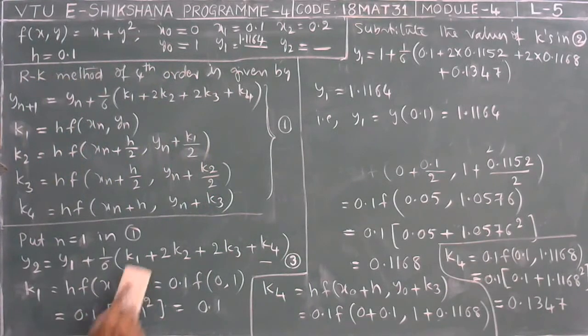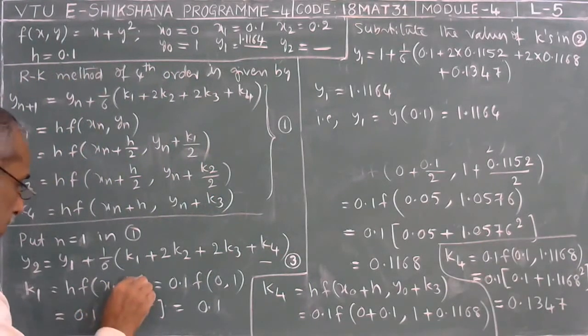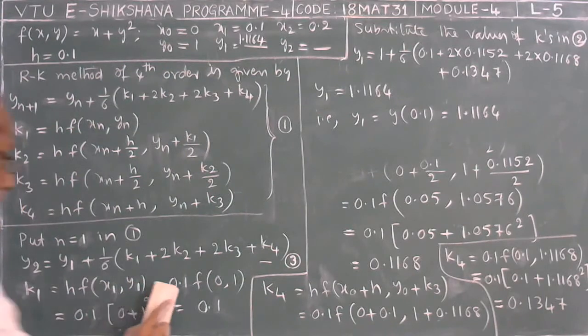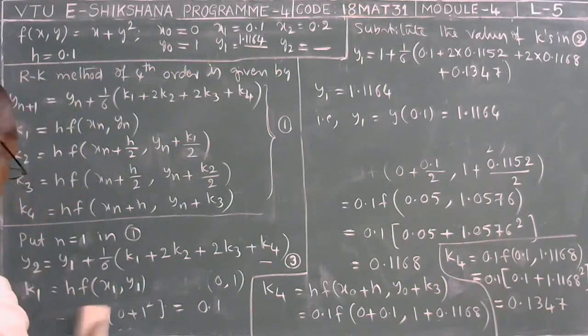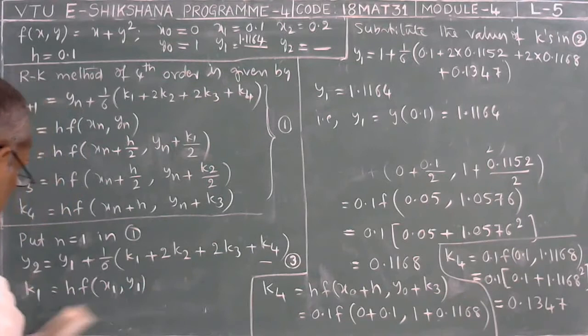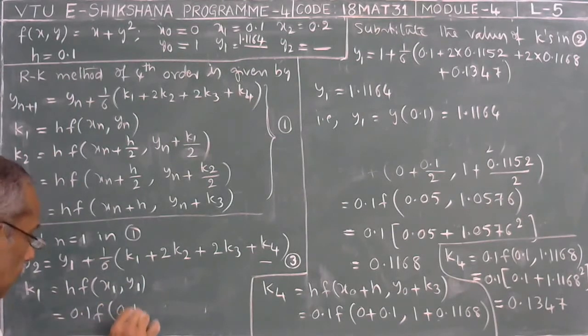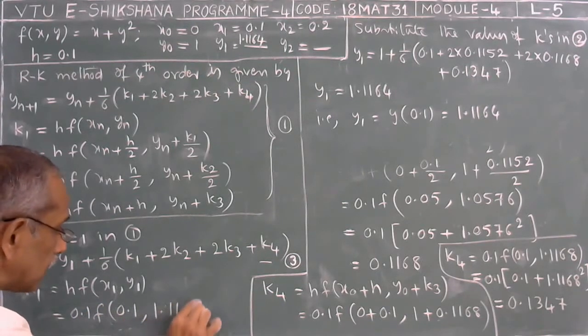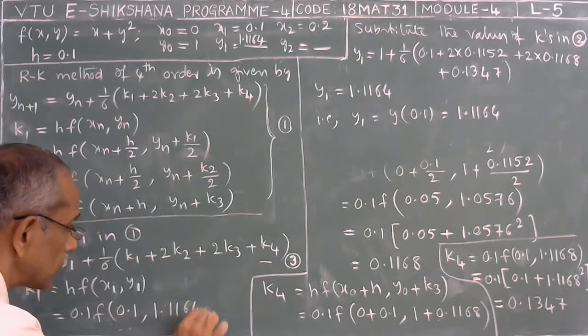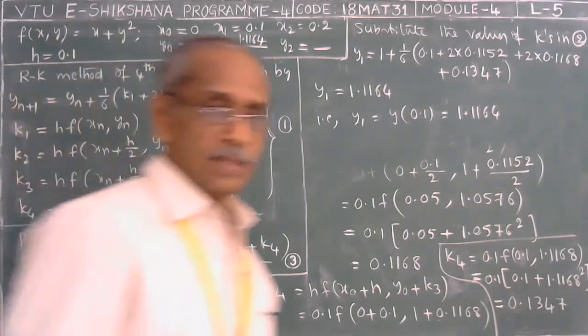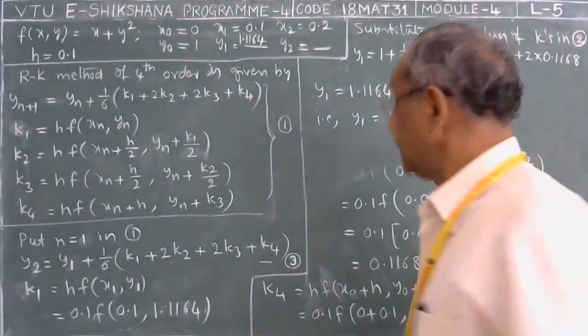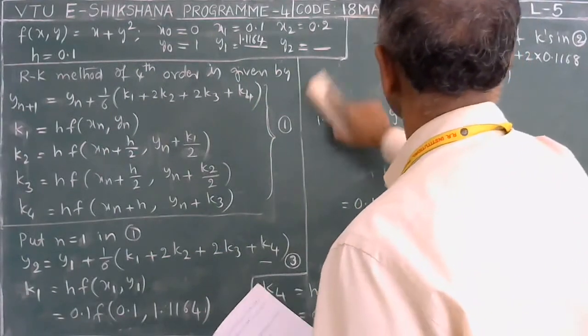When n is 1, k1 is h into f of x1 comma y1. h is 0.1, x1 is 0.1, y1 is 1.1164. Now apply the definition.